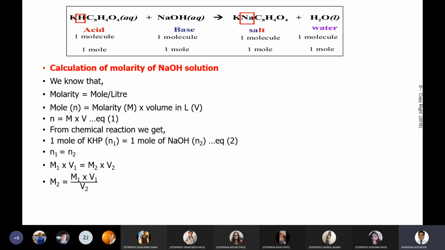Again, we rearrange this equation, because our aim is to find the molarity of NaOH, that is, M2. So can it be like this? We are just dragging V2 from the right hand side to the left hand side.